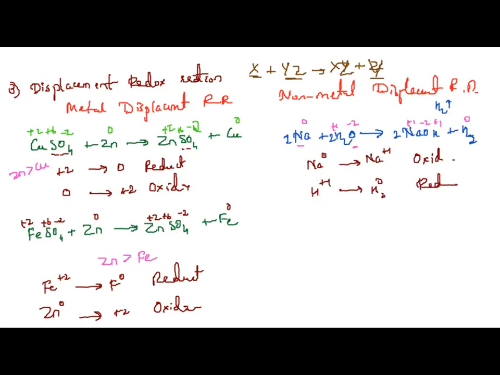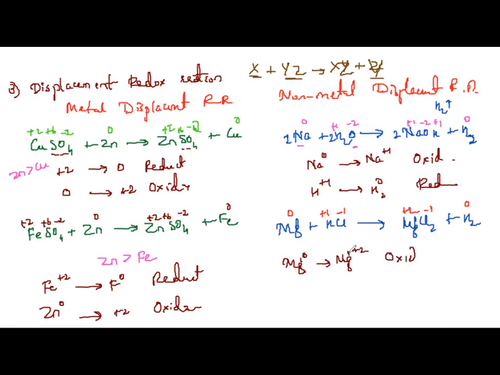Similarly, one more example you can consider. Mg plus HCl gives MgCl2 plus H2. Let us write the charges. Mg is 0, H2 is 0. Here H is plus 1, Cl minus 1, Mg plus 2, Cl minus 1. Mg from 0 becomes plus 2, loss of electrons, oxidation.